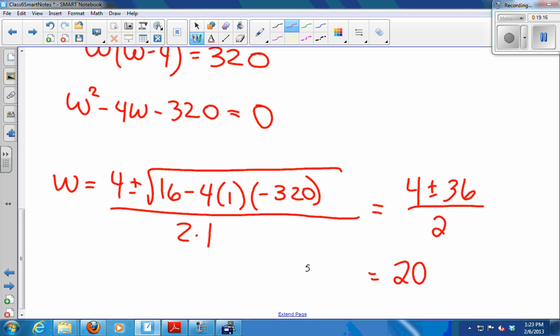And 4 minus 36 would be negative 32, over 2 is negative 16. Now, am I going to keep both of these? Why not? Right. W is representing a length. No such thing as negative distance. So only the 20.